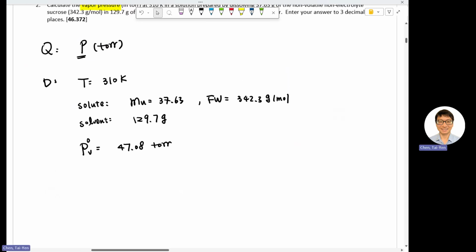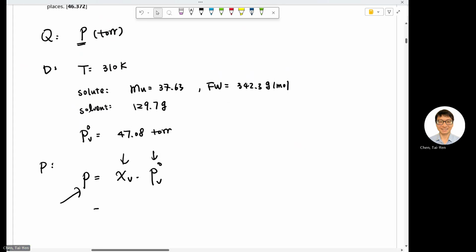Now I can go to my plan. I can calculate the vapor pressure using the mole fraction of my solvent times the vapor pressure of pure solvent. This is the thing you want to solve, P, and to solve it you need this and that. Do you have the mole fraction of your solvent?